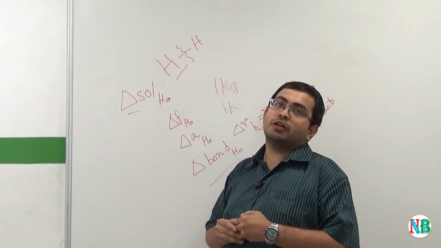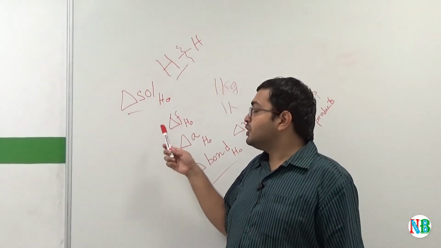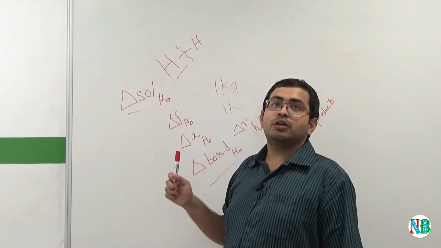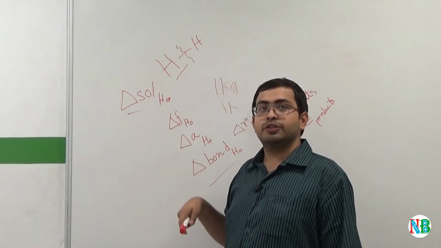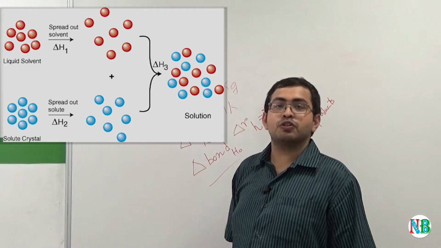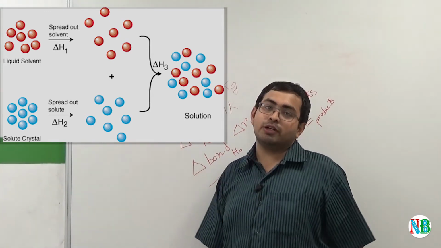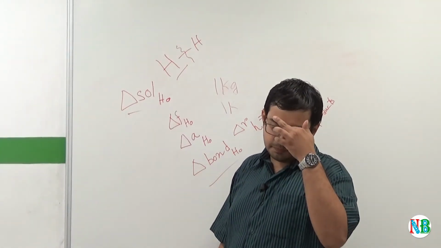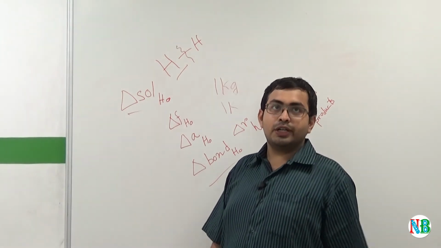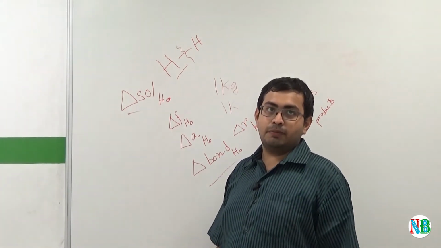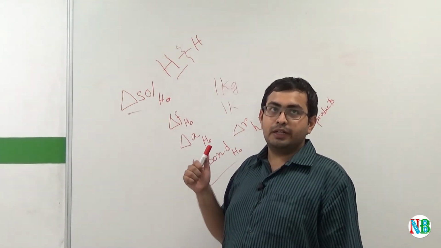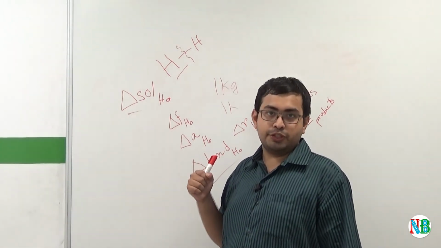Enthalpy of solution of a substance is the enthalpy change when 1 mole of the solute dissolves in a specified amount of solvent. When 1 mole of a particular reactant dissolves in a specified amount of solvent, then the enthalpy change is known as the enthalpy of solution.